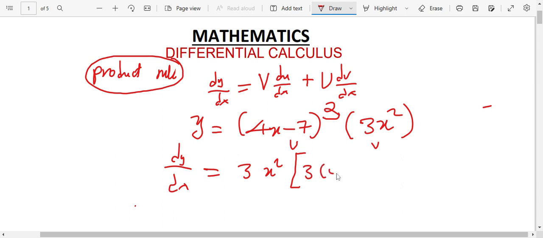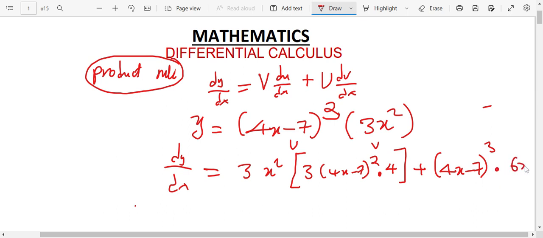I'll drop the power, write what is inside the same, reduce the power by 1, and then differentiate what is inside, which just gives us a 4. And then plus, I'll maintain the first thing, which is (4x minus 7) to the power 3, and differentiate the second thing, so that will become 6x.